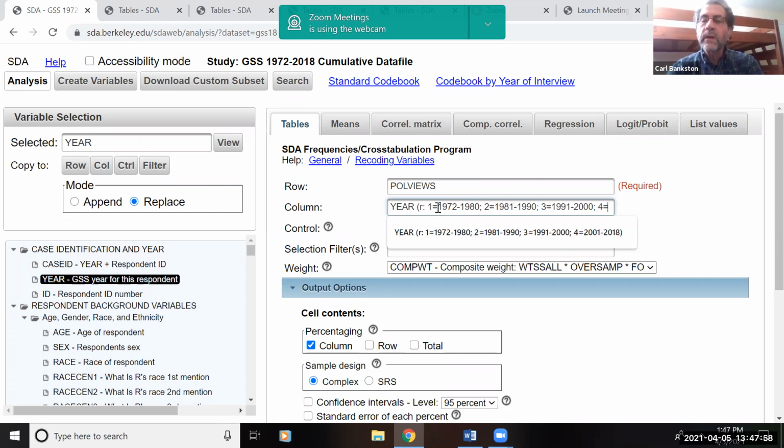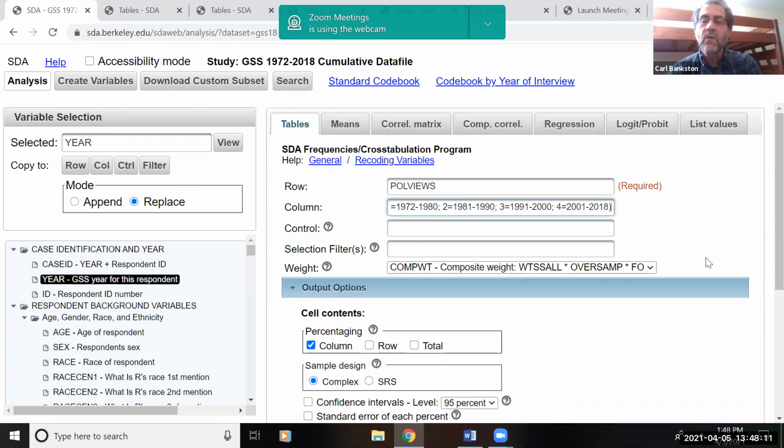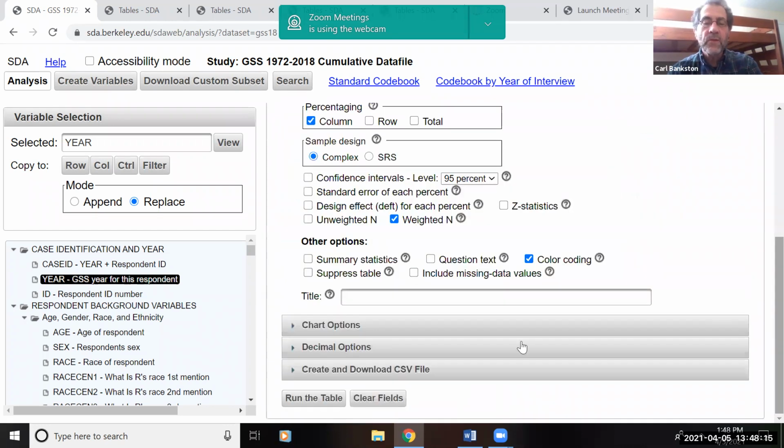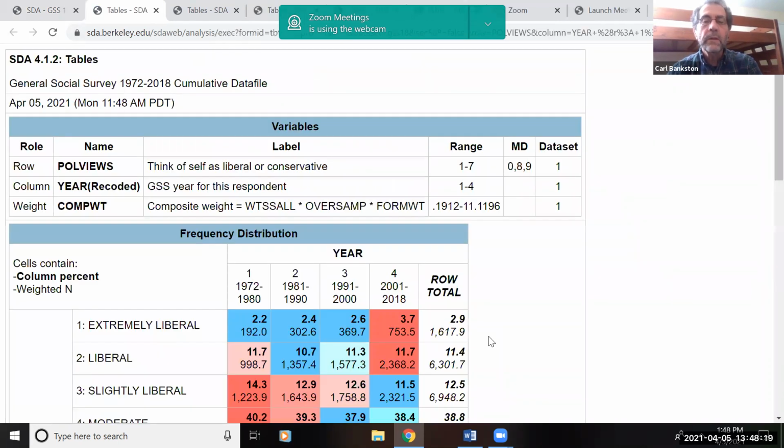And 4 is equal to 2001 to 2018. And then I have to put in an end parenthesis to tell it that it's over. So if I've done that correctly, that should break all of those years down into just 4. And it looks like that I did do that correctly.